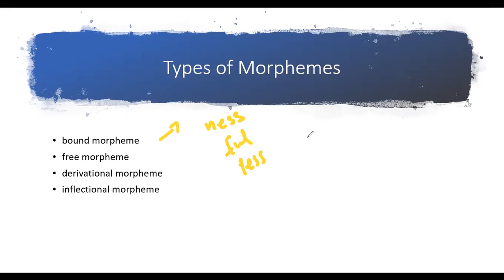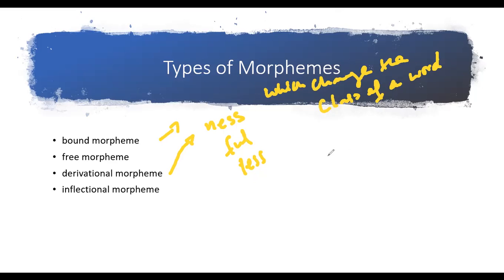Now, derivational morphemes are basically bound morphemes, but they are the ones which change the class of a word.